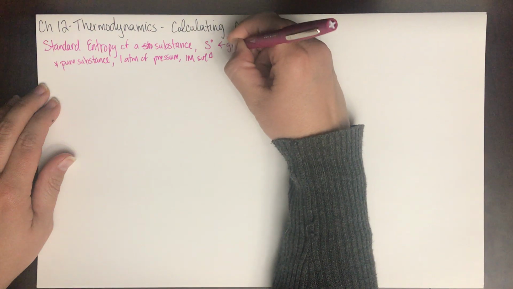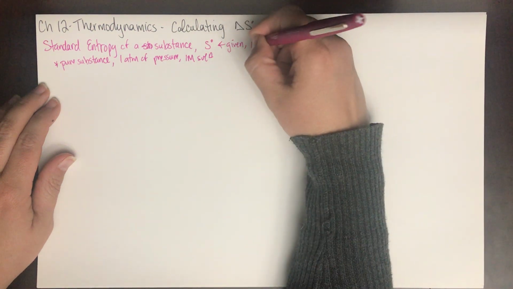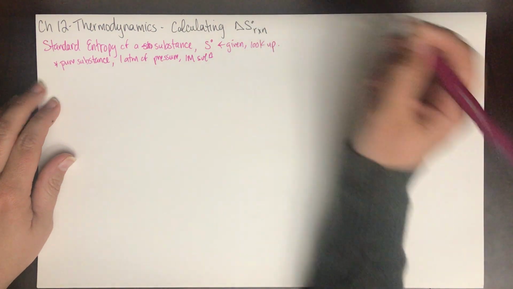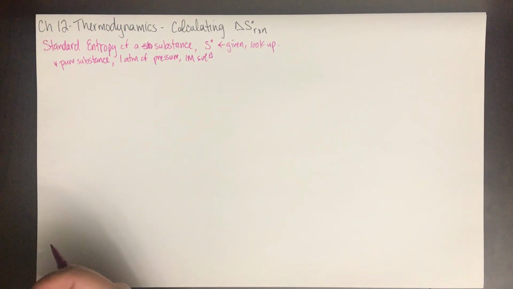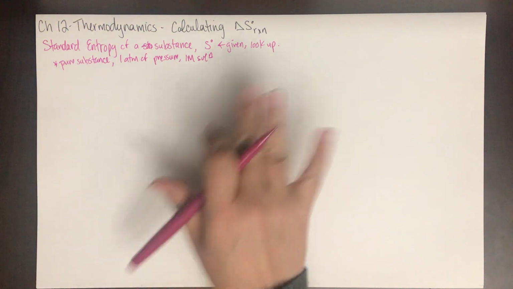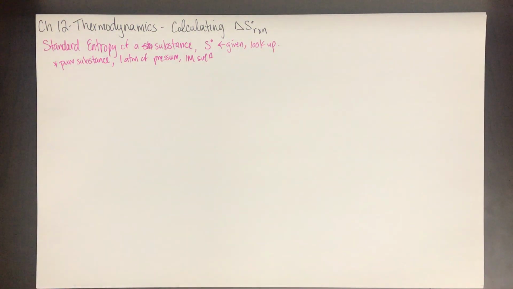These would be given to you in the problem, or you would look them up. Just like we did with enthalpy. We were given the standard enthalpies, so then we could calculate the change in enthalpy for a reaction. So you can look these up in your textbook, or they will be given to you in a problem.